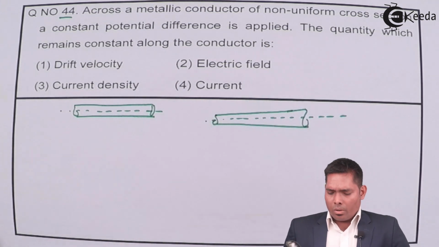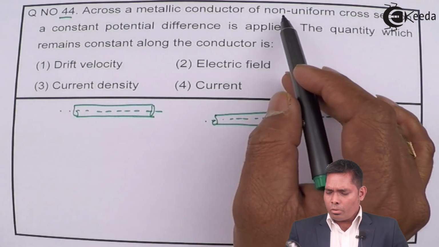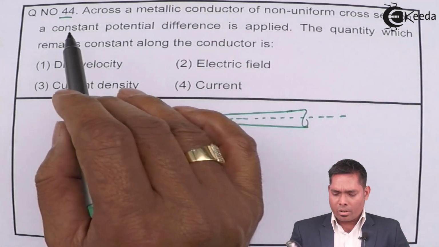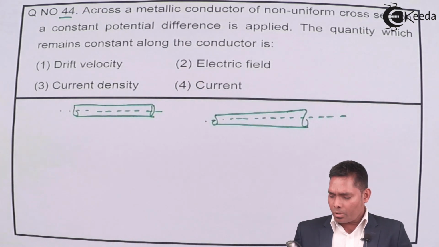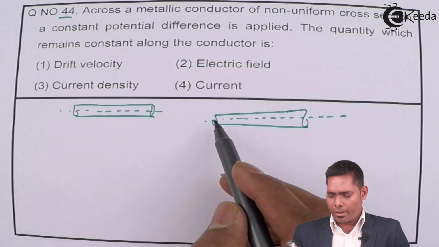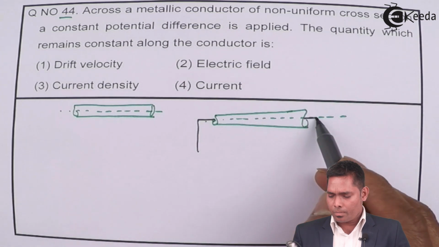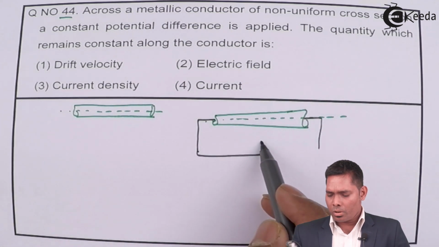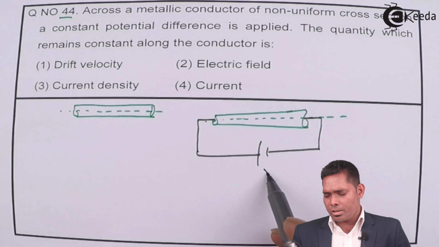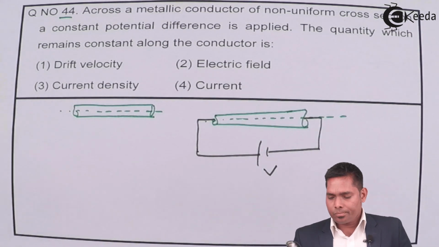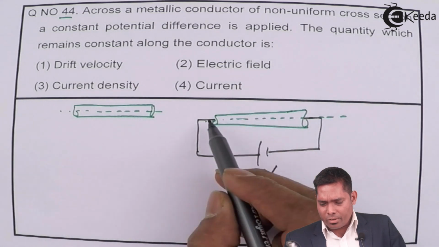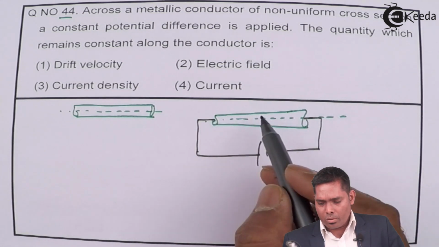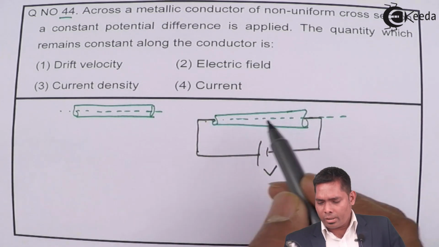Now, in this non-uniform cross-section, a constant potential difference is applied. Suppose V volt is applied, so the terminal potential difference here is V volt, the potential difference between the two ends.